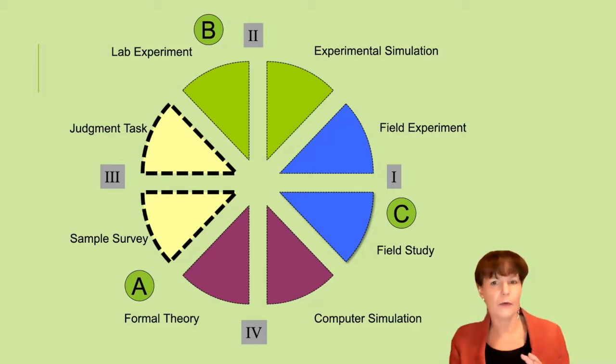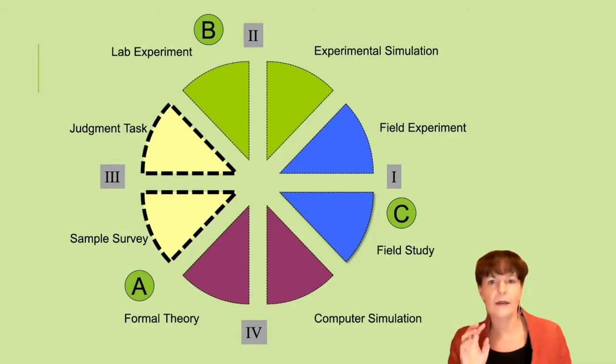So the sample survey is really very good in terms of generalizability. That's why the A is very close to the sample survey. The judgment task is not hopeless at generalizability, but it's not as good as the sample survey.